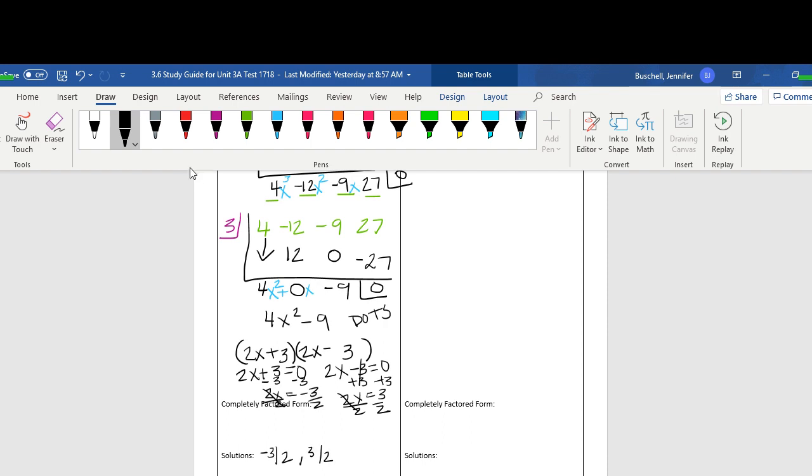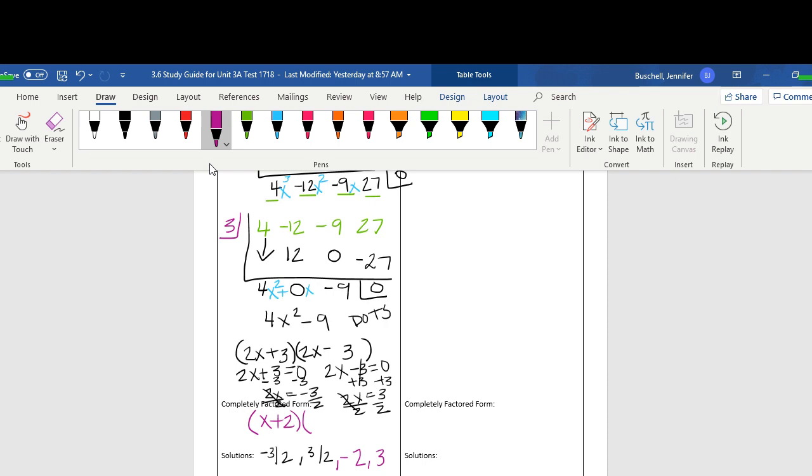My other solutions are literally the zeros that I got from my calculator, which were negative 2 and a positive 3. To write my factored form, I'm going to do the opposite. So let's start with negative 2 and 3. The opposite of negative 2 is a positive 2, so x plus 2.